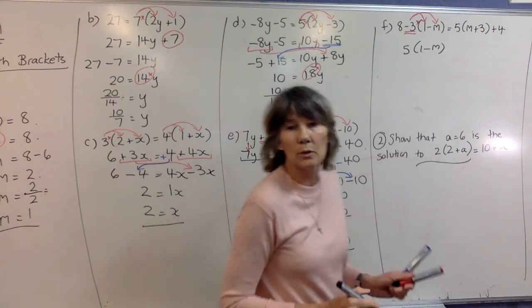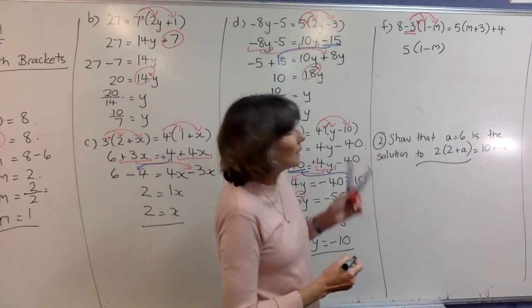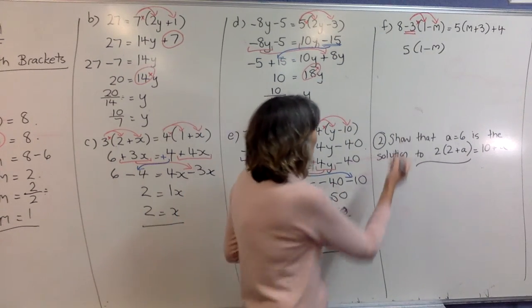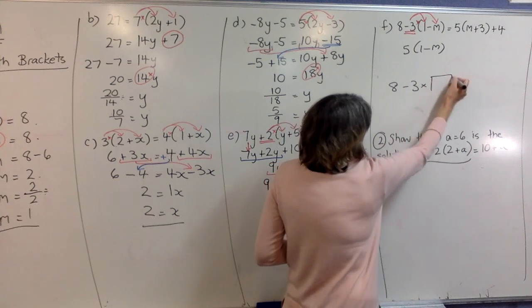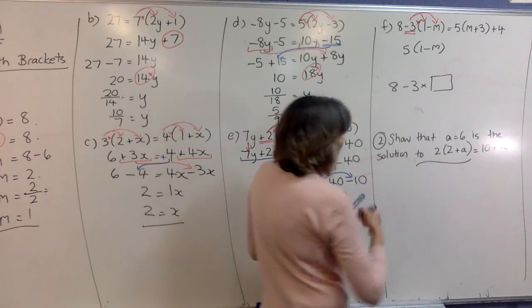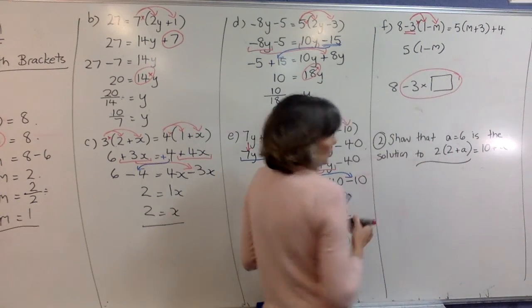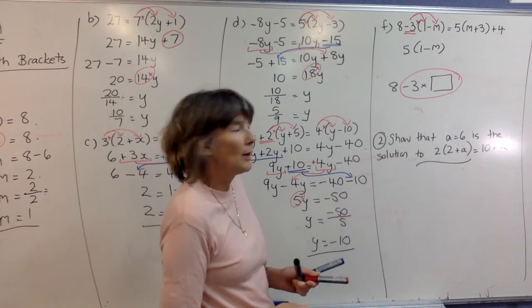The reason it's wrong is because you have not done order of operations. So technically what's happening there is you've got 8 minus 3 times something. Order of operations is saying you've got to work out that multiplication first, and then you can deal with the plus 8 at the front there.